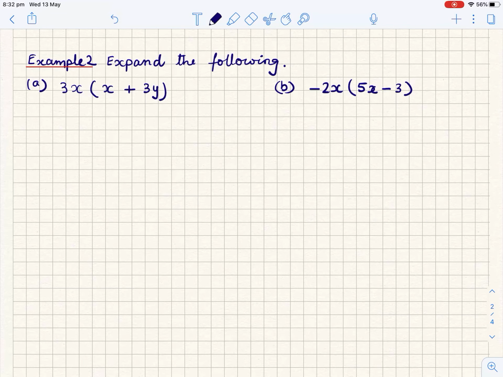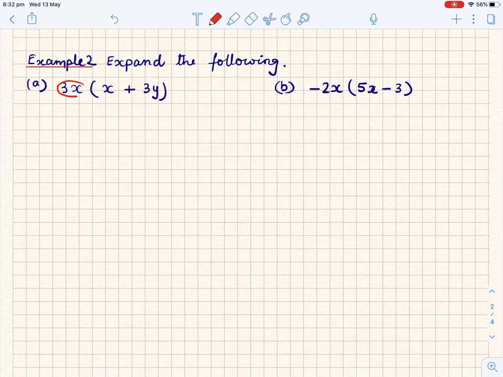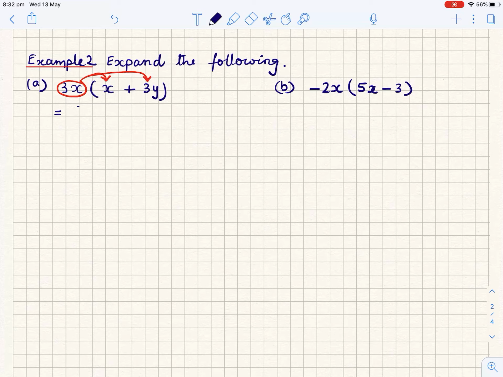Example 2, part A. We have 3x outside the bracket. Multiply each term inside the bracket with 3x. So 3x times x, plus from the bracket, 3x times 3y.